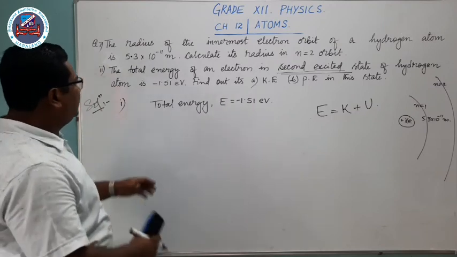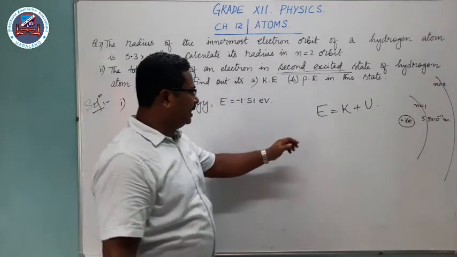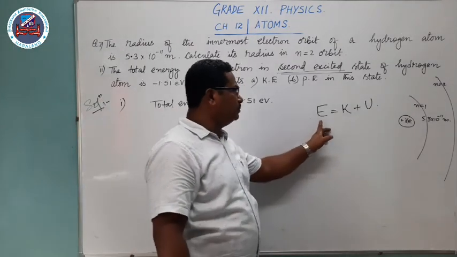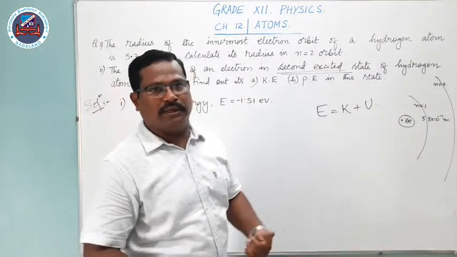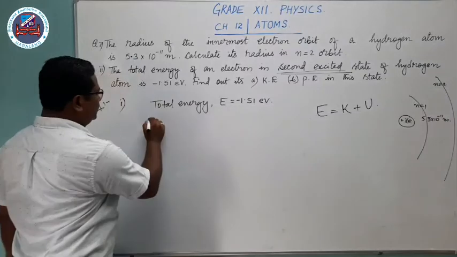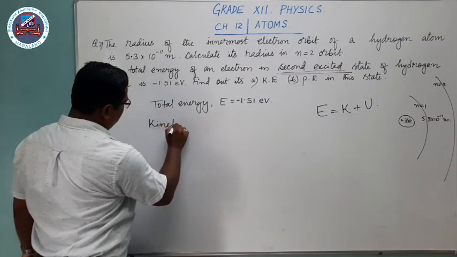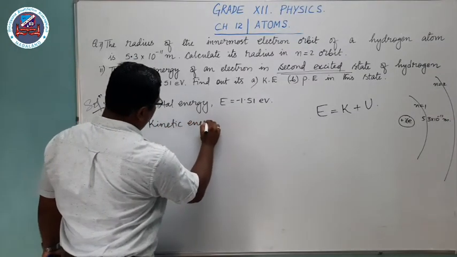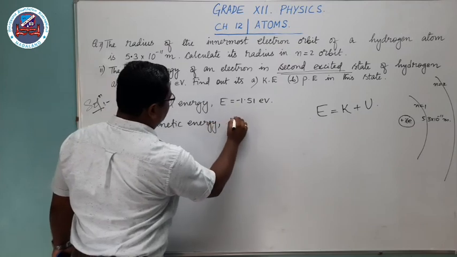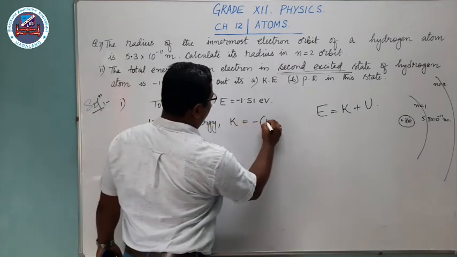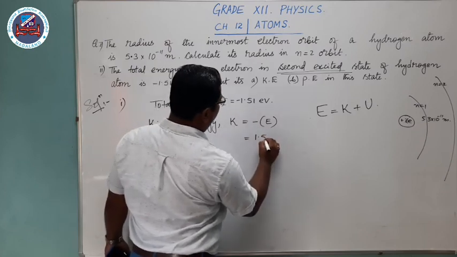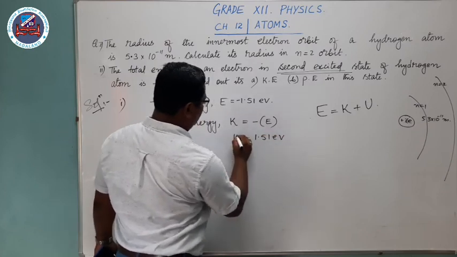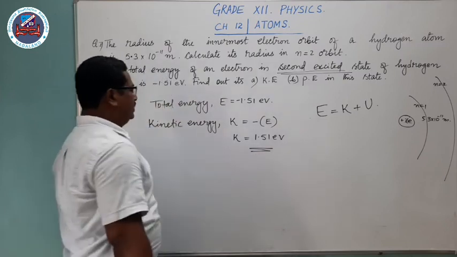Now you have to find the kinetic energy. Kinetic energy differs from total energy by sign only. The negative of kinetic energy is total energy, so kinetic energy K will be the negative of the total energy. Negative of negative will be positive 1.51 electron volt. Like this you can find the kinetic energy.